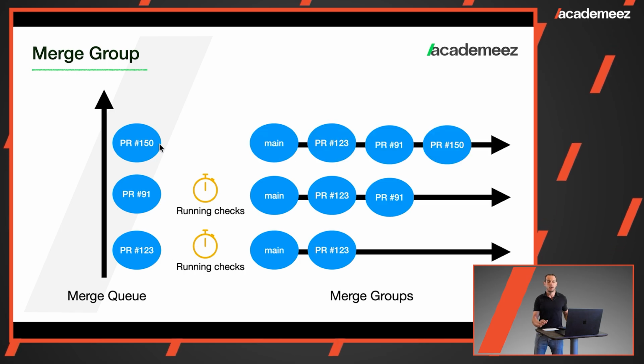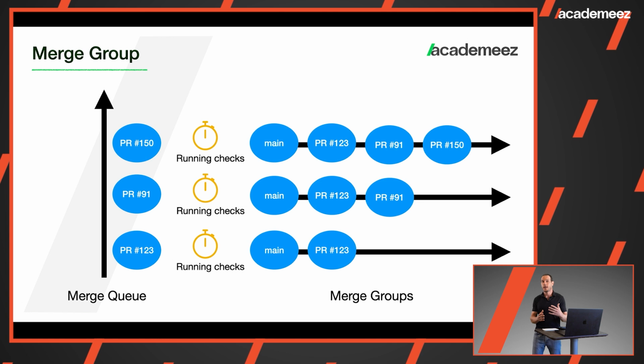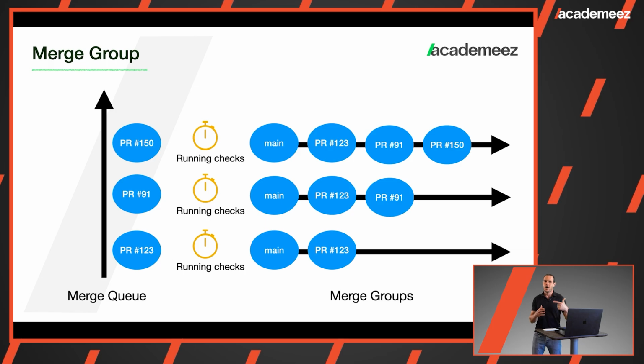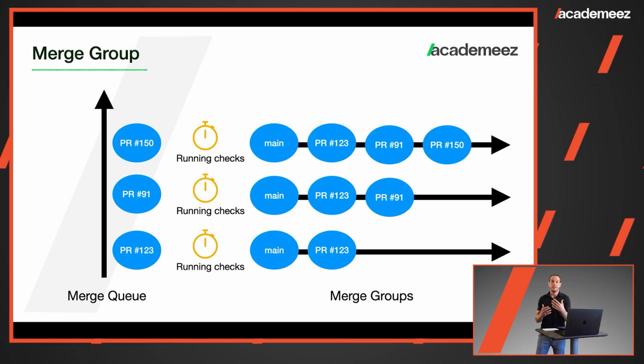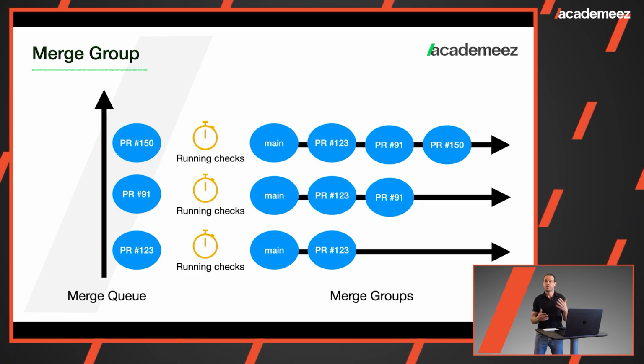So it's creating a merge group branch with all the PRs ahead of it and then starting to run the checks. Notice that with merge queue, we have a faster velocity because checks can run in parallel, and so more pull requests are going to be merged faster to main. So we have those three PR checks running in parallel.